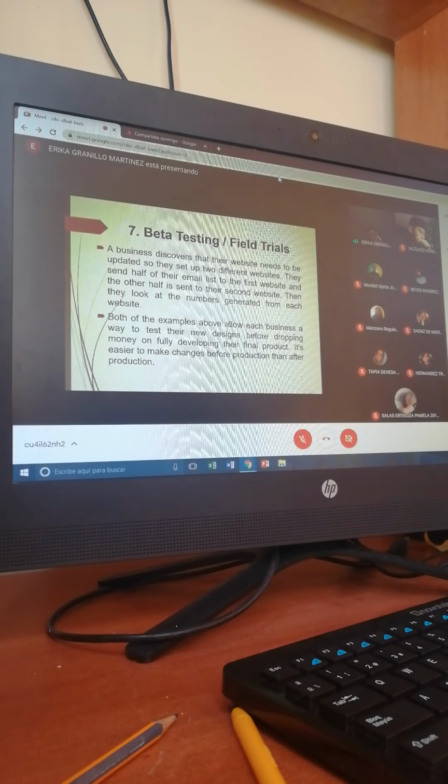Both of them are good examples that, as the slide says, allow each business to work in new designs in comparison with the product or services that they were using in the market, which they probably want to improve. And when you do all of these things, you are doing a good job.